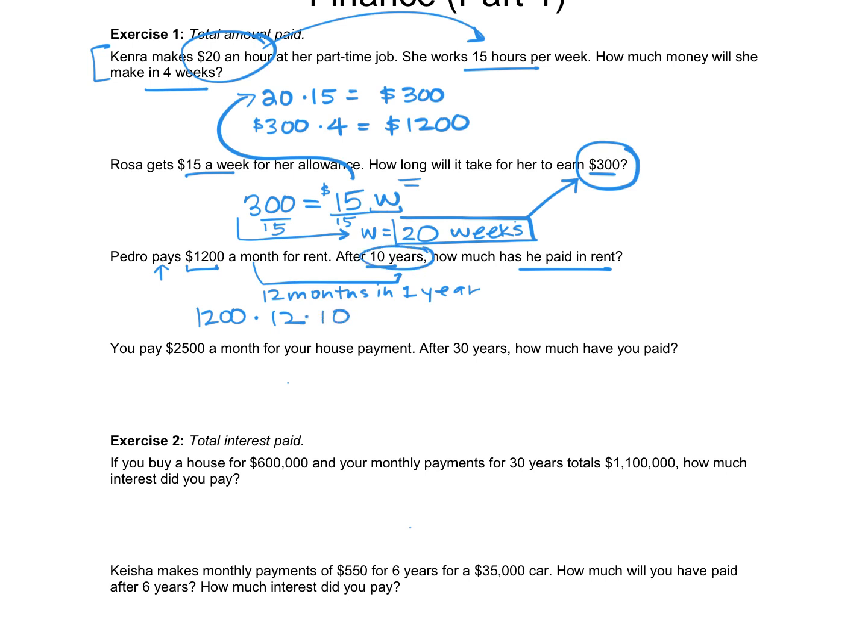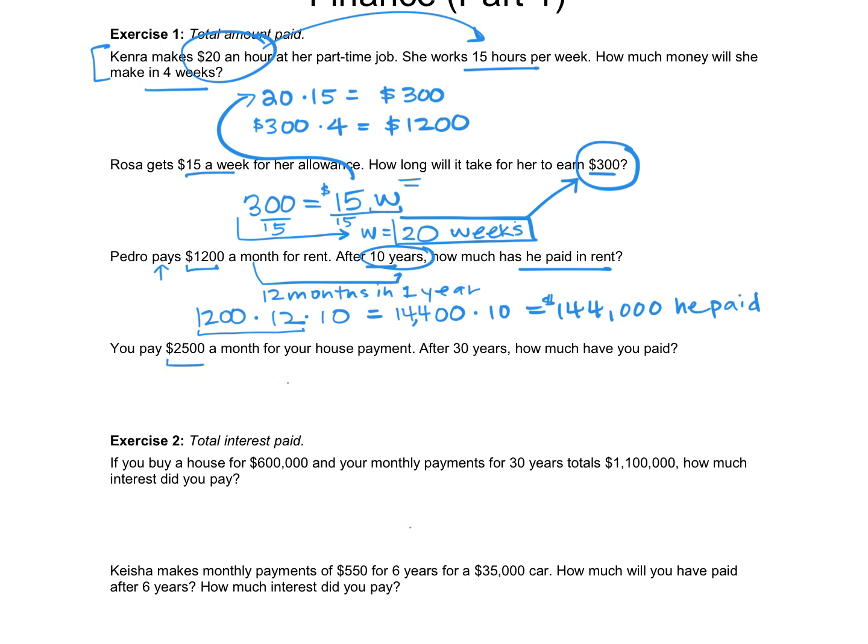So we're going to say times 10. So that's 1,200 times 12. 12 times 12 is 144, and those are hundreds, 1,200. So we're going to have 144 hundreds, or 14,400, multiplied by 10. And we're going to have $144,000 that he has paid in rent in 10 years.